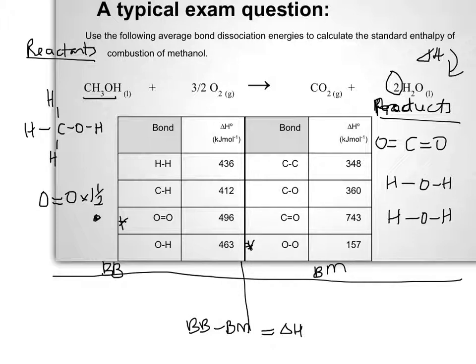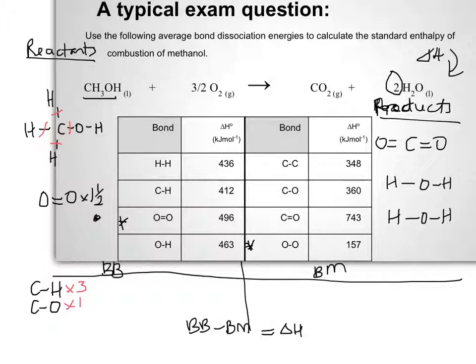Firstly, we've got C to H bonds, and as we account for them, if we just go through with another colour pen and just cross them out. So C to H bonds, we've got 1, 2, 3. So we're going to put times 3. We've got C to O bonds. How many of those? We've just got 1 of those.